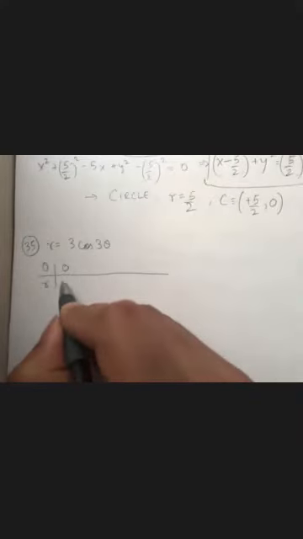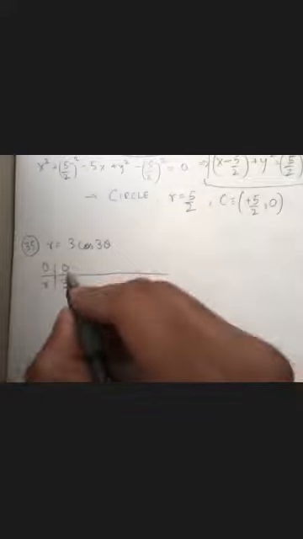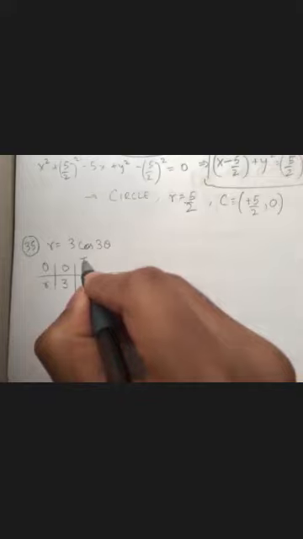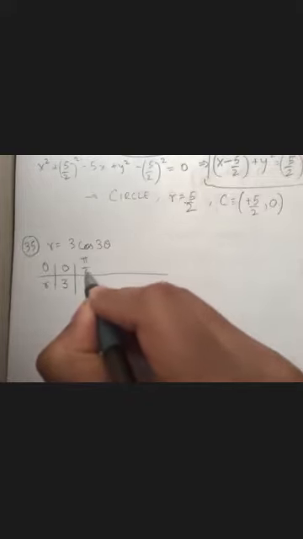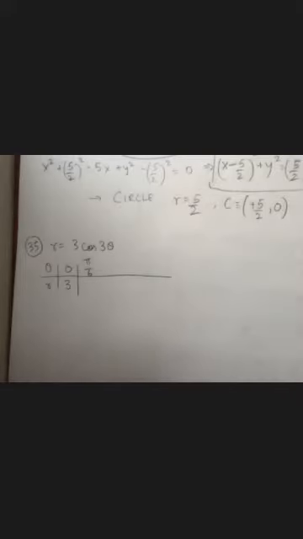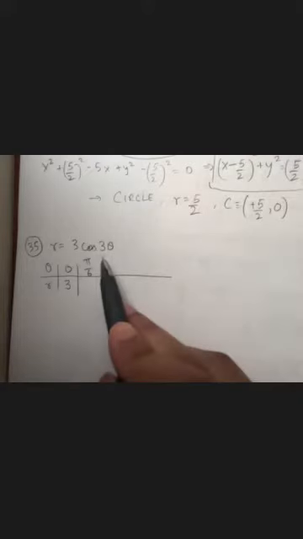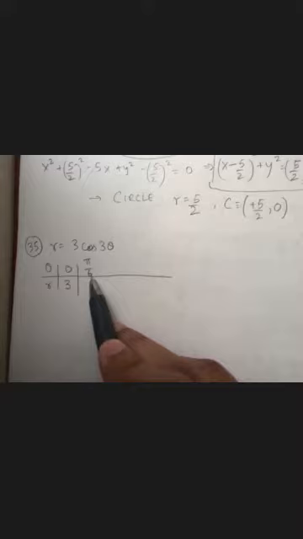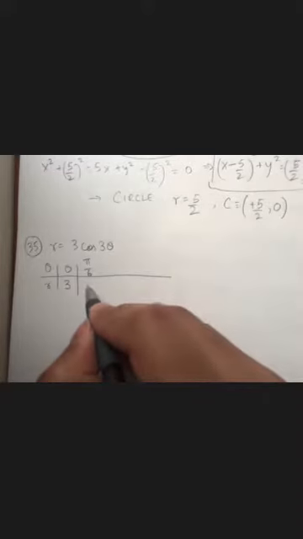And cos 0 is 1, so r is 3. After 0, because it's 3 theta, let's make theta pi/6. So cos of 3 times pi/6, which is pi/2, is 0.